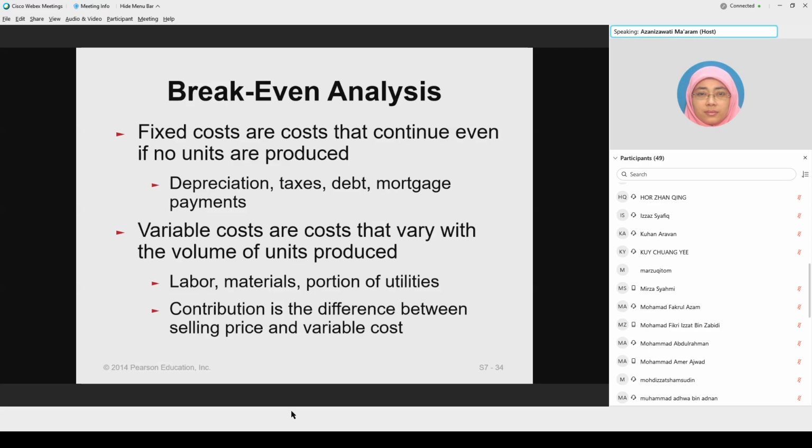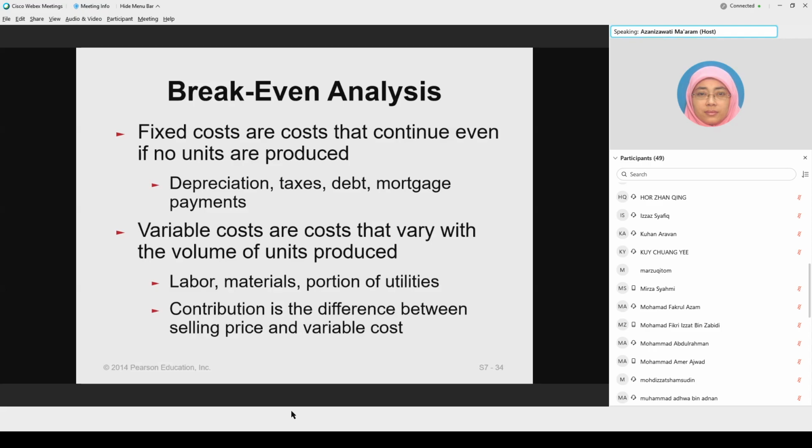Similar with material. If you produce a product with 200,000 units, you may need, for example, 5,000 kilogram of material. But if you produce 500,000 units, then of course the material have to add some more. So it will depends on the units that we produce.